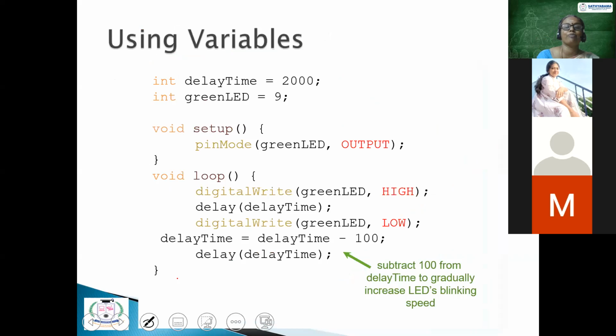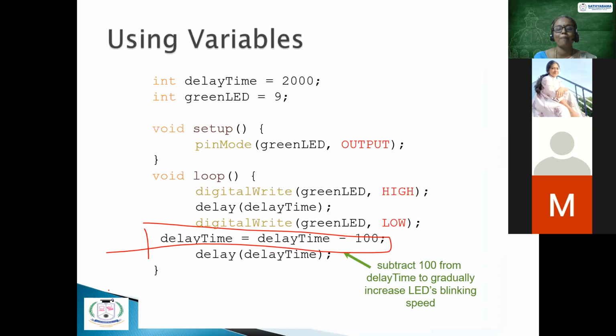I will modify my program. This LED should be on for that 2000, and every time I want to decrement, that I can also do. Delay time equal to delay time minus 100. Subtract 100 from the delay time. So gradually what happened? It increases the LED blinking speed.